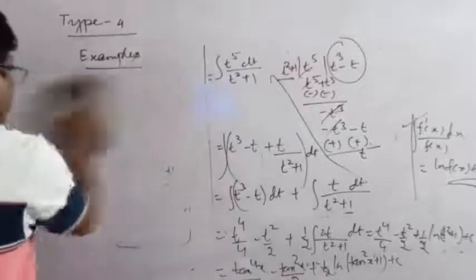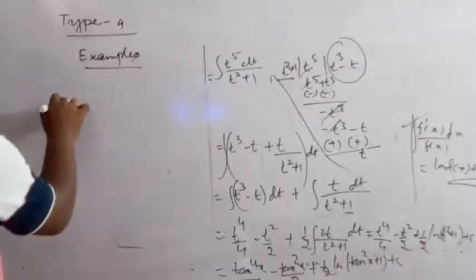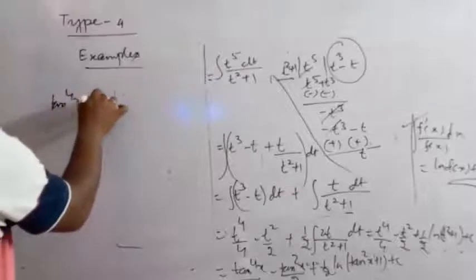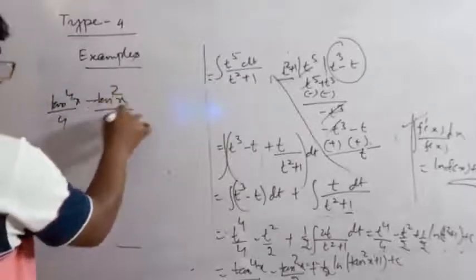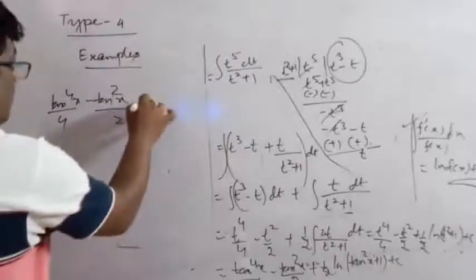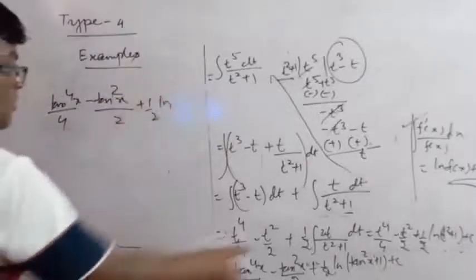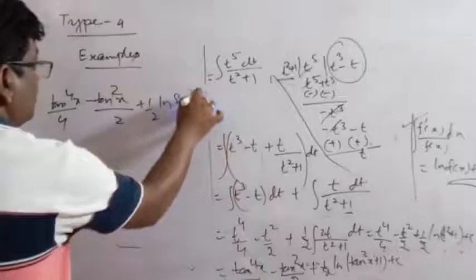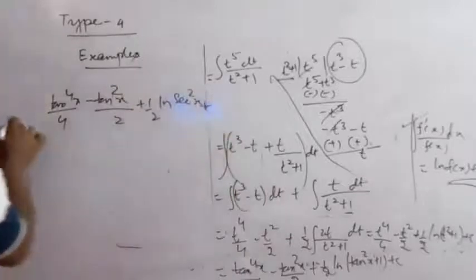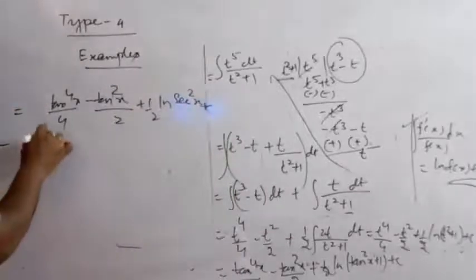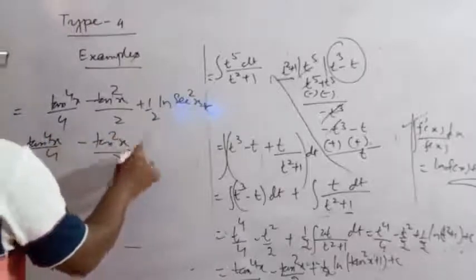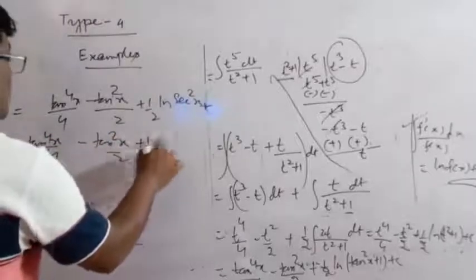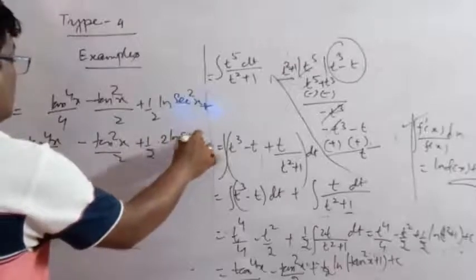The final answer will be tan to the 4th x by 4 minus tan square x by 2 plus 1 by 2 log of 1 plus tan square x, which means sec square x, plus c. Or also we can write tan to the 4th x by 4 minus tan square x by 2, and this is 1 by 2 into 2 log sec x.